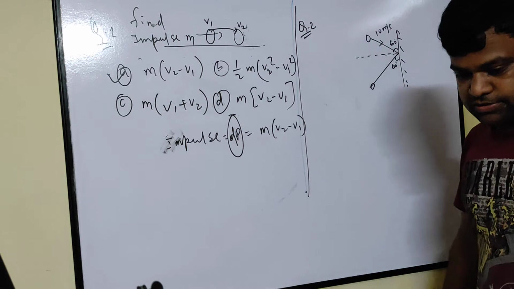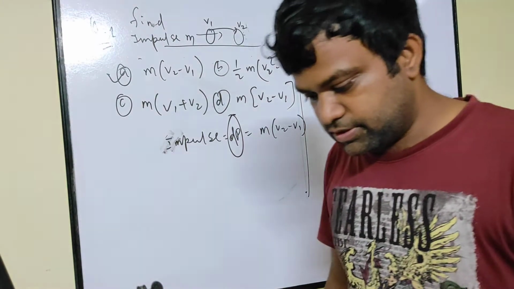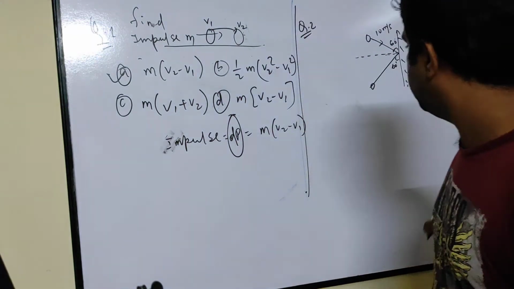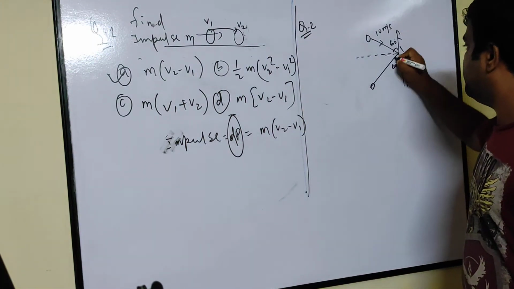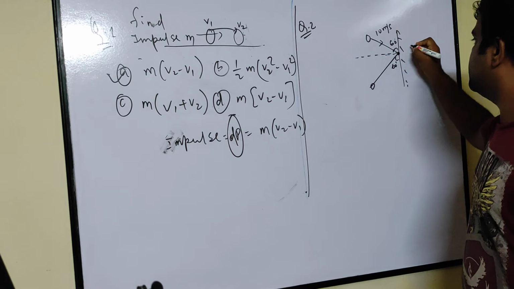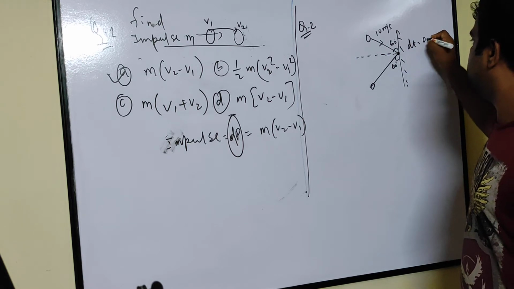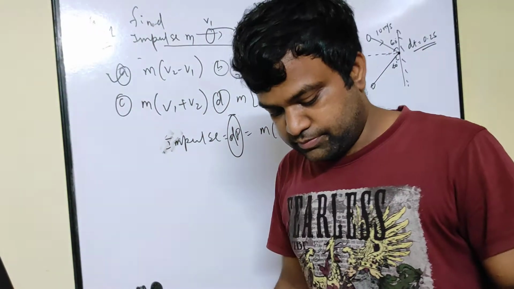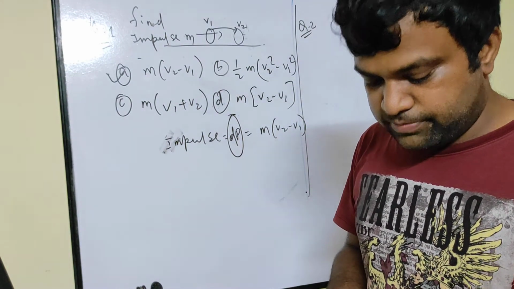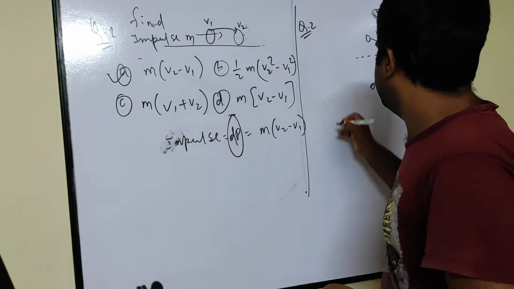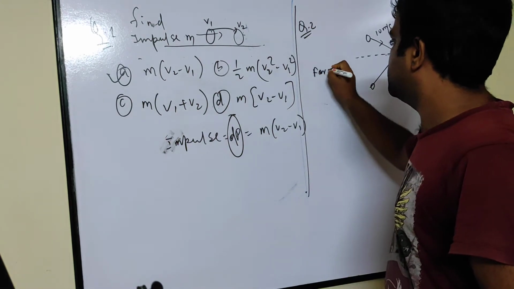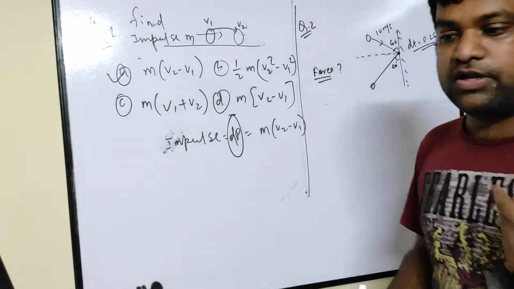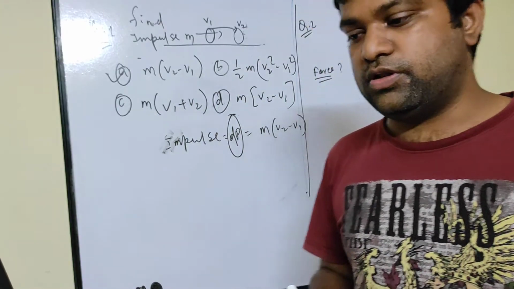The question is: when it is striking and coming back, the time dt is given as 0.2 second, the impact time is 0.2 second, and the question is to find the force exerted on the wall. You have to calculate what is the force on the wall.